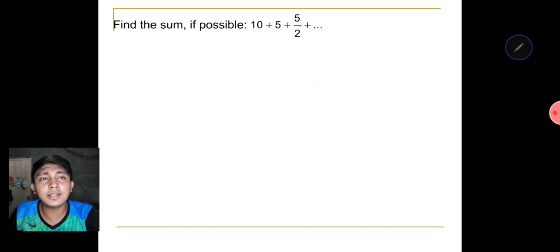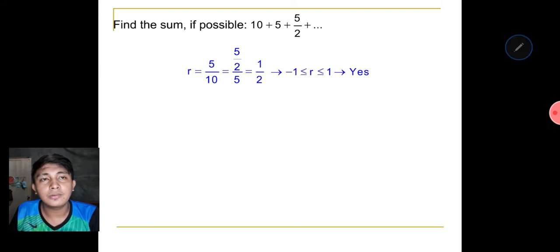Okay, 10 plus 5 plus 5/2 and so on and so forth. Okay? Getting the ratio, 5 divided by 10, that is 1/2. So yes, 1/2 is somewhere between -1 to 1. So we could find the sum.